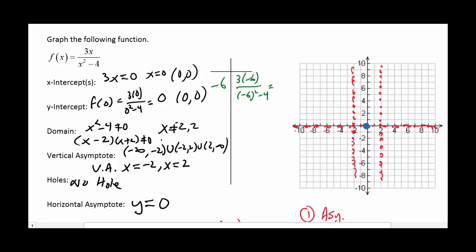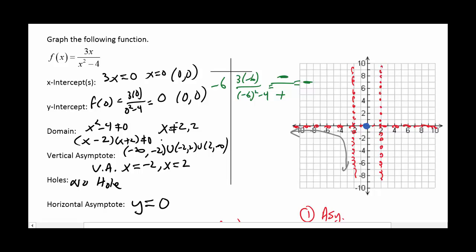If I know it's positive or negative, I know which side of the horizontal asymptote it's on, and that's good enough to figure out what the picture looks like. 3 times negative 6 is negative, and negative 6 squared is 36, minus 4, a positive number. So I end up with something negative. That means my graph has got to hug the asymptote from the south side, on the bottom part of that asymptote.